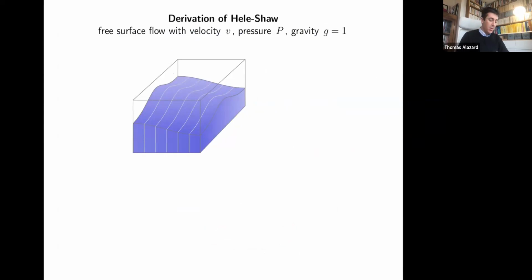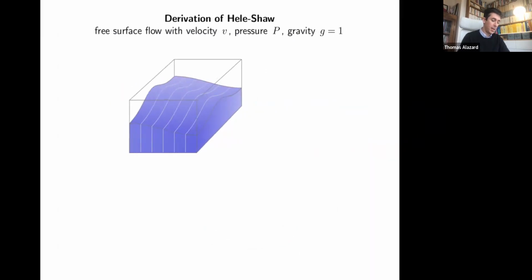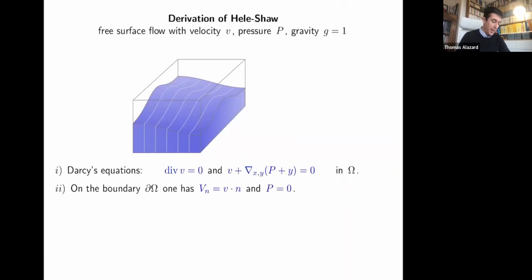Consider a free surface flow having velocity v, pressure p, and gravity g equal to 1. We normalize the gravity. Inside, in the bulk of the fluid domain, we assume that the fluid is divergence free, divergence of v equal to 0, and that v is related to the pressure thanks to the Darcy equation, namely v plus the gradient of (p plus g y) is equal to 0.